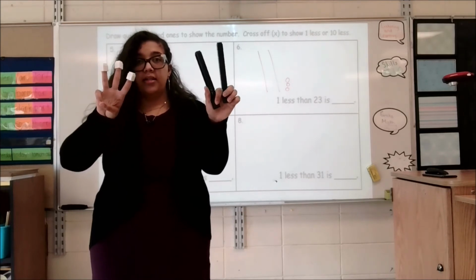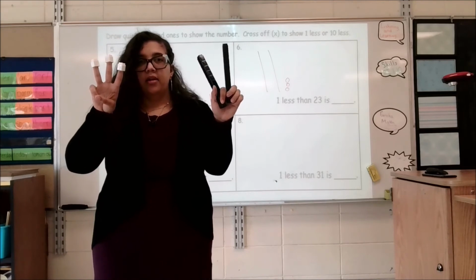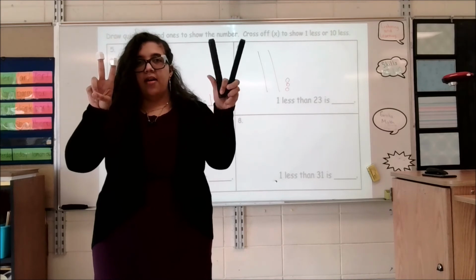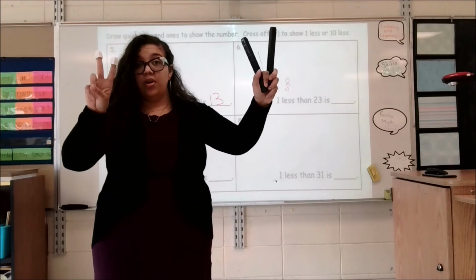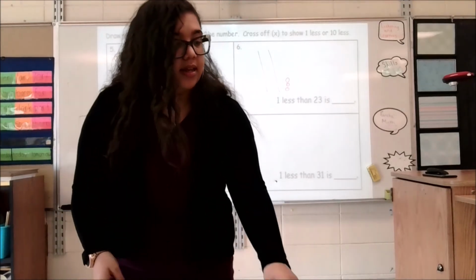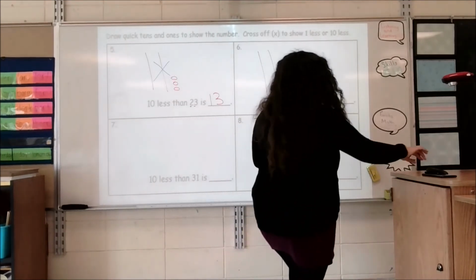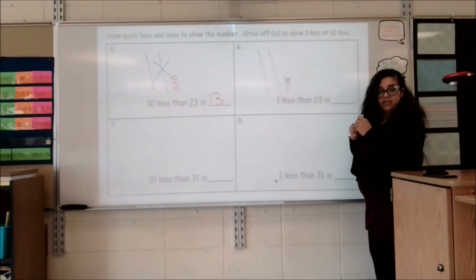If I want 1 less than 23, where am I taking something away? Here. I didn't touch this. My 10s stayed the same. And how many 1s? 2 1s. I have 2 10s and 2 1s because I took away 1. I have 1 less than 23.